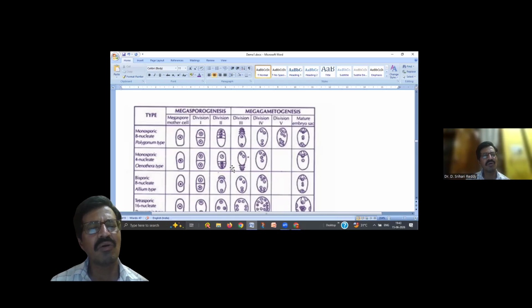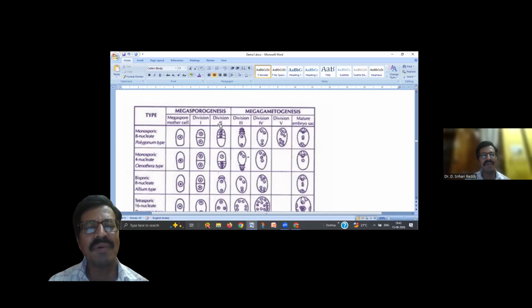Now what they are asking here, in case of the polygonum type, the megaspore mother cell undergoes meiotic division, meiosis 1 and meiosis 2. In meiosis 1 it forms 2 megaspores, and after meiosis 2 it forms 4 megaspores.